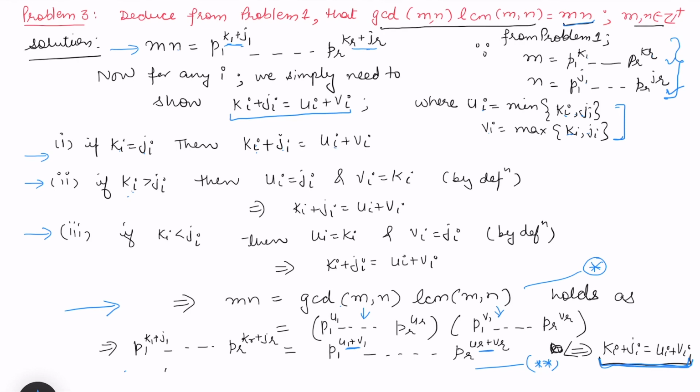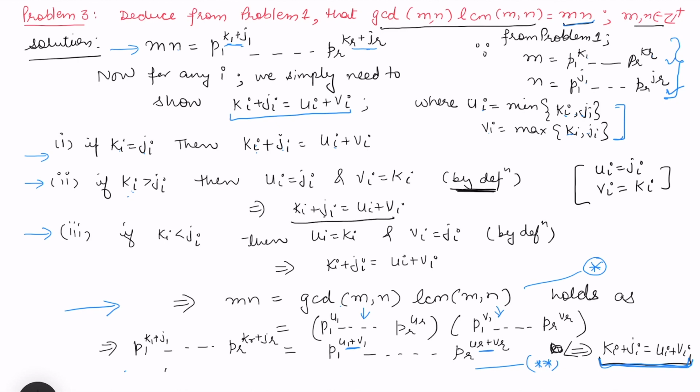If Ki is greater than Ji, now what happened? This means the smallest quantity Ui will become Ji here, because we want to choose the minimum in Ui, and in Vi we want to choose the maximum. So the maximum is now Ki, which is written here by definition. Now you substitute Ui and Vi, and still we get the same expression.